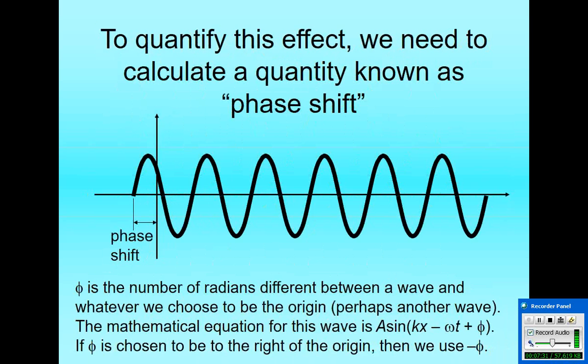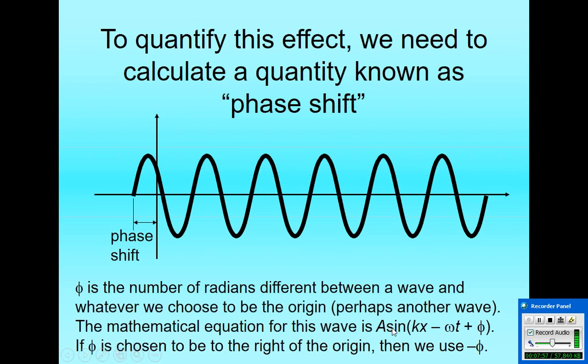Phase shift can be thought of as the difference between the two waves. We think of perhaps a sine wave starting right at the origin and oscillating through, but what if the sine wave doesn't start at the origin? If it doesn't start at the origin, then it is phase shifted. And we can handle that mathematically.